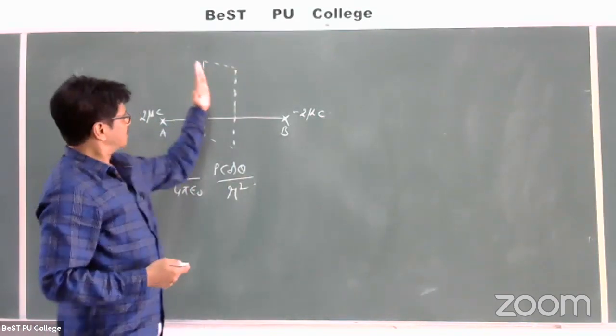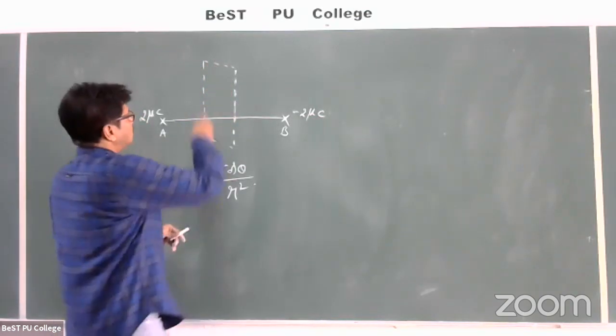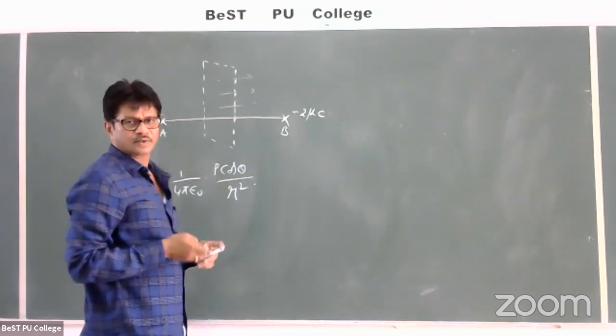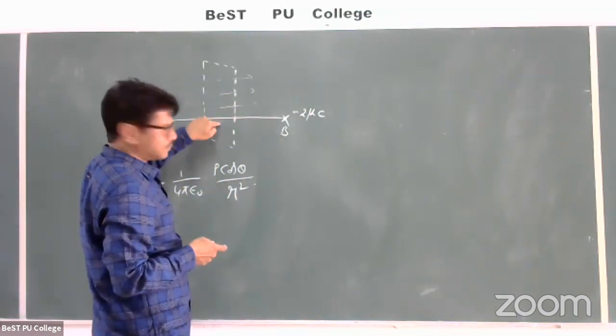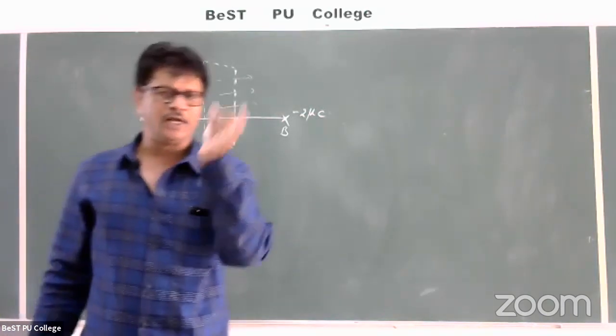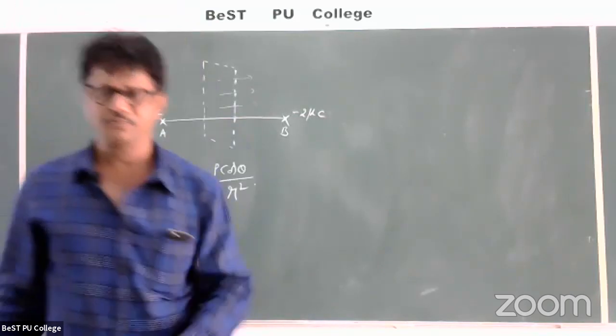Now this is the plane I am considering as the equatorial plane. Whatever point you choose, the potential there is 0, because at every point on the equatorial line of an electric dipole, the potential is a constant and is equal to 0.